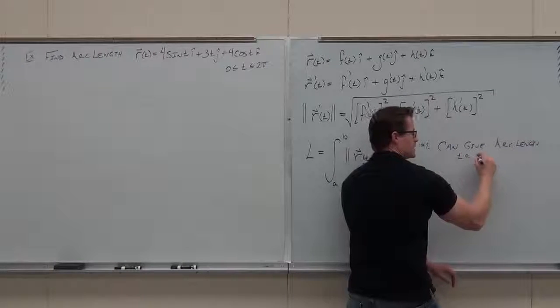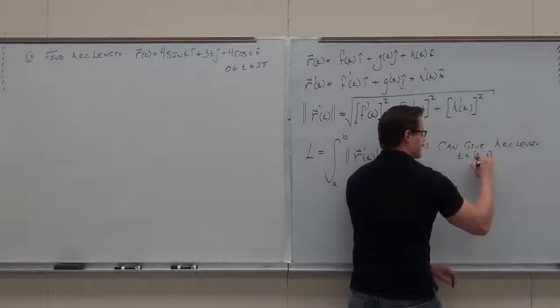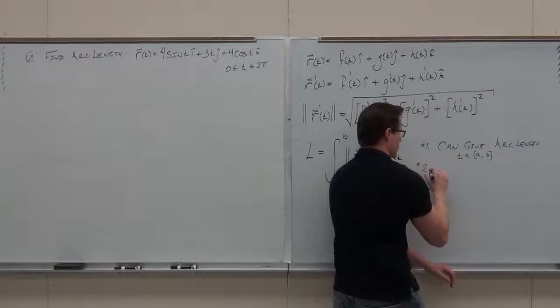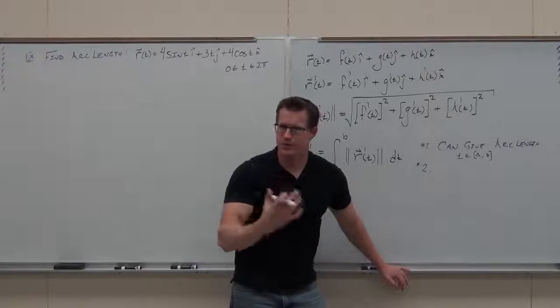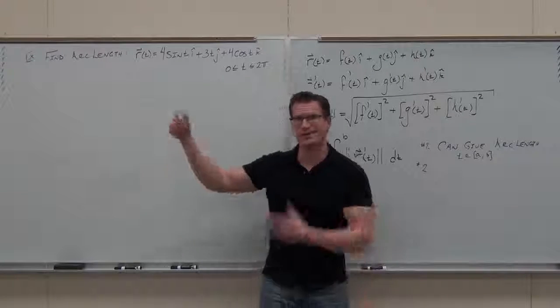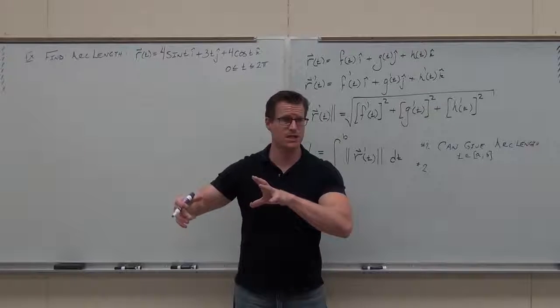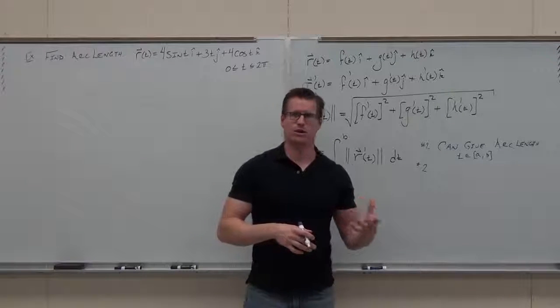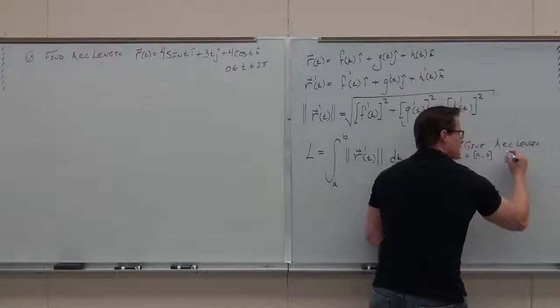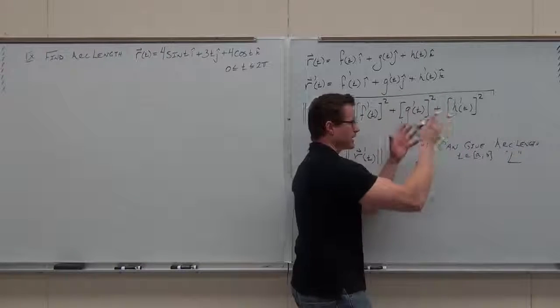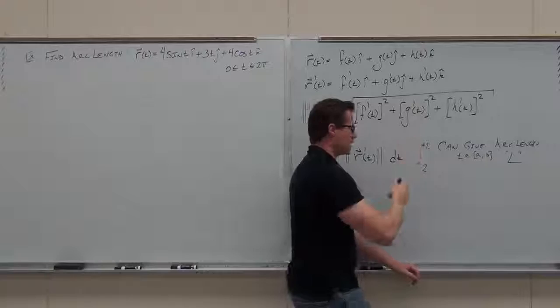That's for t going from a to b. Number two, if you don't do the definite integral, if you don't go from like 0 to 2 pi, if you just leave it in terms of t, that's going to give us what's called the arc length function. So the actual arc length, that's when you're finding L, just the length of the space curve from a time to a time.